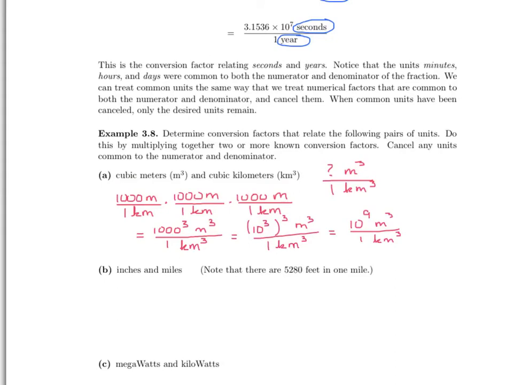Now let's look at part B. We want to find a conversion factor that relates inches and miles. So again, our goal really is to know how many inches are there in 1 mile. And again, I'm willing to bet that most of us don't know that answer off the top of our heads, so we'll break this into smaller pieces.